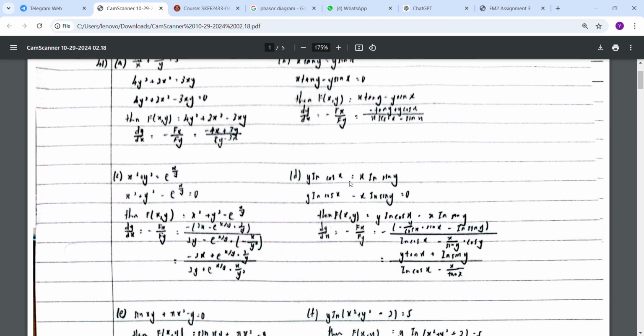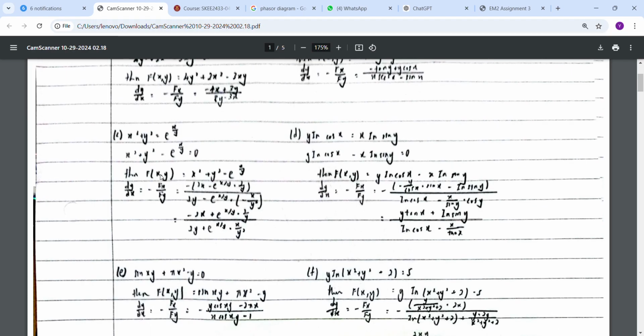For question C, also rearrange it to equal 0 and find the fxy, and also use the formula negative fx over fy, where fx is the differential from delta f over delta x, and fy is the differential from delta f over delta y.